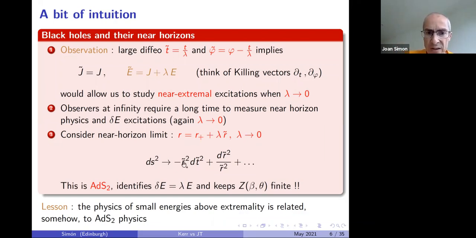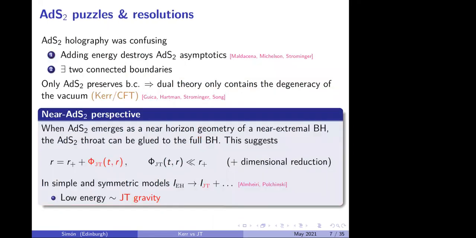What I want to stress is that this delta energy here, which is linear in lambda, is the same kind of limit that I took in order to keep the partition function finite in my earlier discussion. So somehow, because I have not made any conjecture, this seems to suggest, perhaps not mathematically, but physically, that the physics of small energies above extremality is somehow related to AdS2 physics. But that has always been the picture.